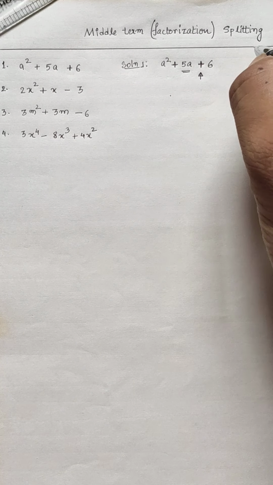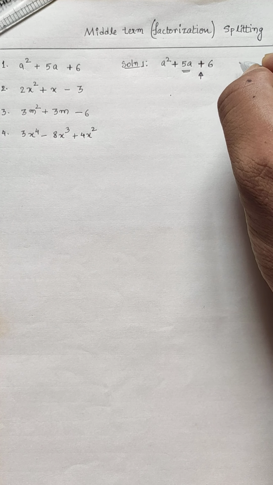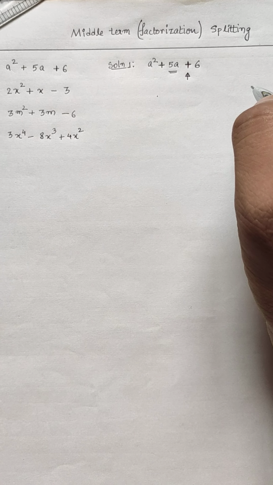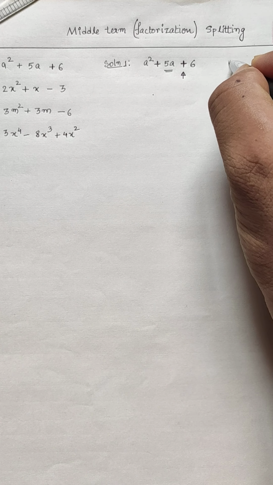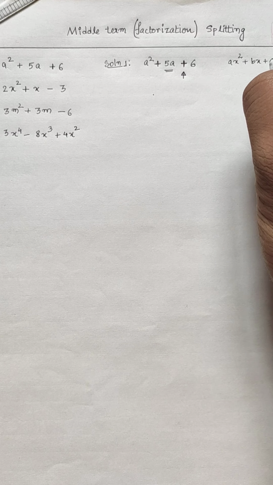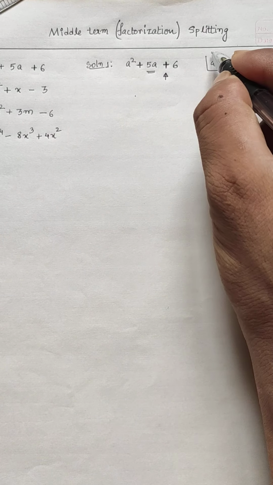see whether your question is a quadratic equation or not. Quadratic equation means any equation that is in the form of ax square plus bx plus c. This is the quadratic equation.